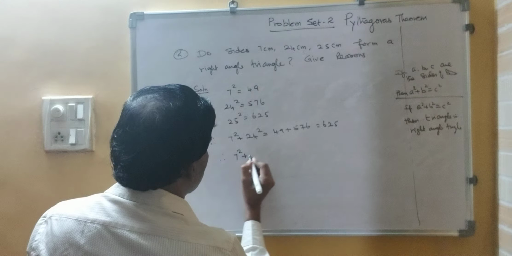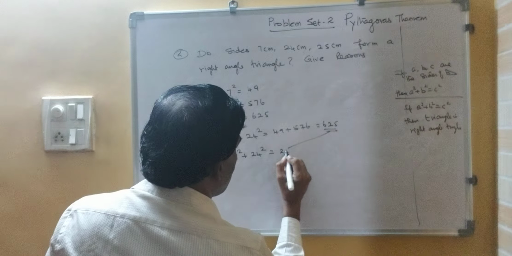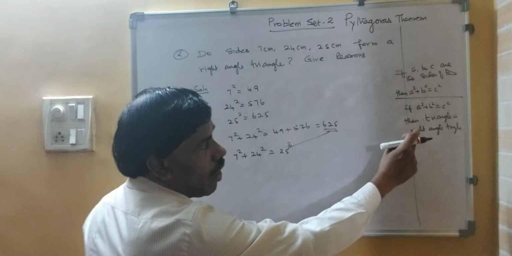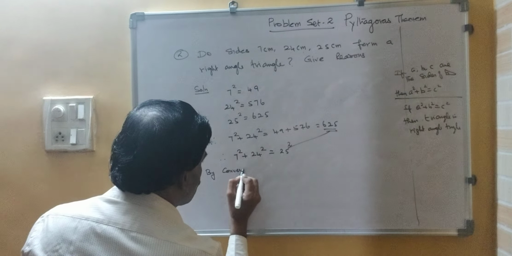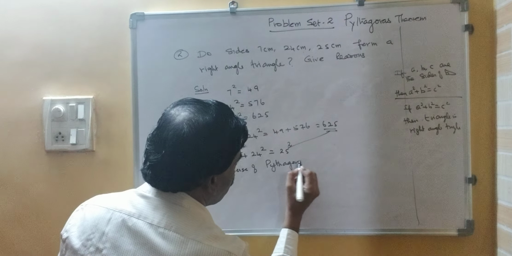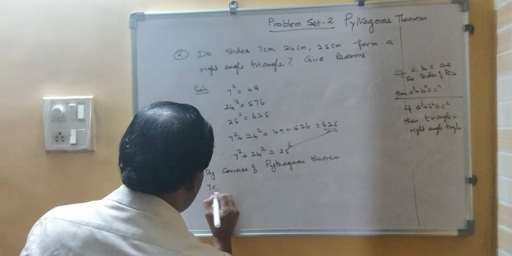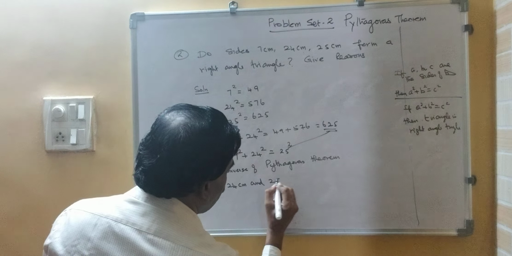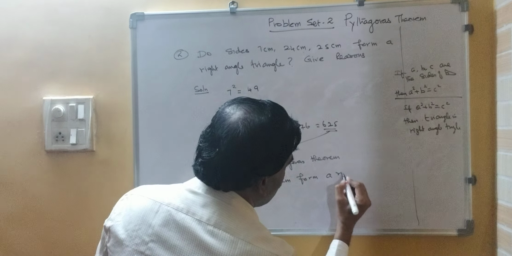Therefore, 7 square plus 24 square equal to, what is this? This is 25 square. Therefore, see converse of Pythagoras theorem. By converse of Pythagoras theorem, 7 centimeter, 24 centimeter, and 25 centimeter form a right angle triangle.